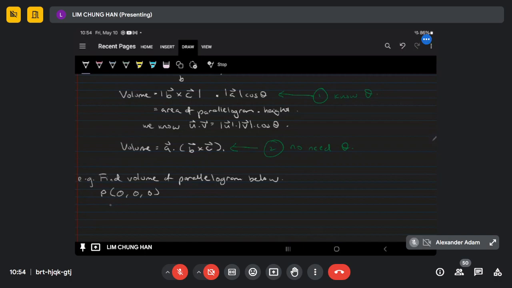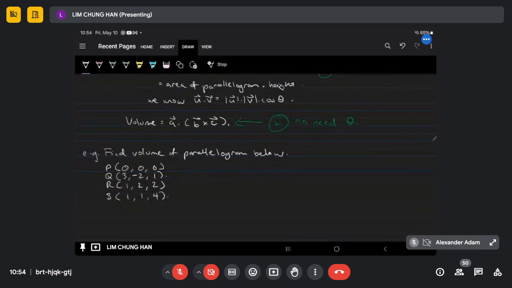This is not a vector, so you have to find the vector first. P, Q, R, and S are given, with S as 1, 4. So I give you the coordinates of four points.